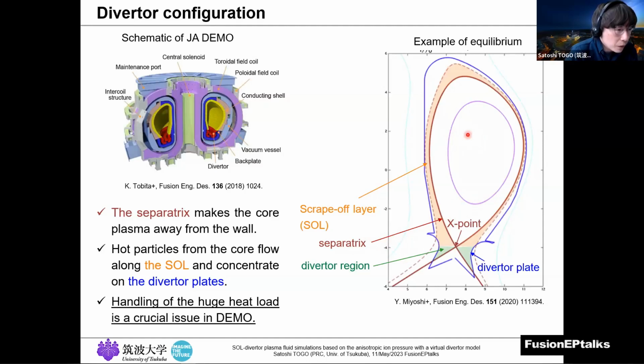Then hot particles from the core plasma flow along the scrape-off layer and the divertor region, and finally concentrate on the divertor plates. The heat load on the divertor plates will be by one order higher than the tolerable level from the divertor material point of view without any mitigation. Therefore, handling of this huge heat load is one of the most crucial issues in demo.